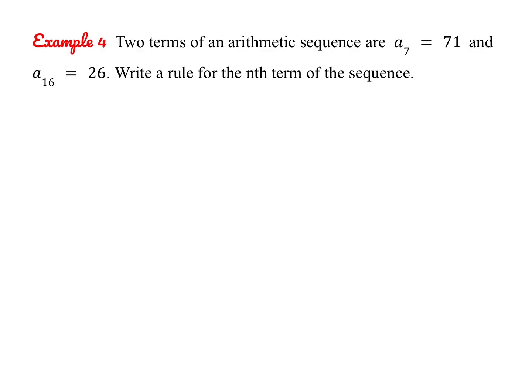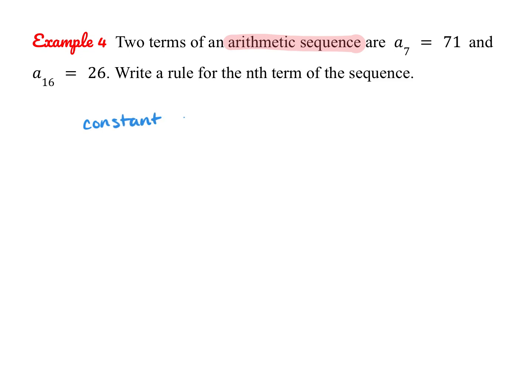We're going to do one more of these together, but I'm going to show you a different way to approach these. So rather than making a system of two equations to solve for this, I can take advantage of the fact that arithmetic sequences, as we saw when we plotted them, have a constant slope.